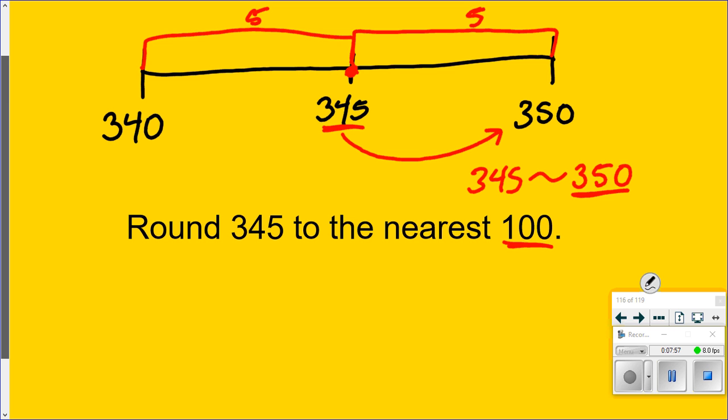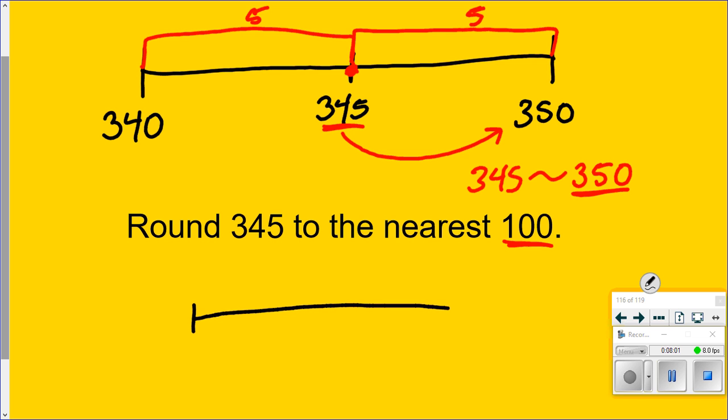Go ahead and draw your number line. Devin, do you know what our first number is going to be? It's going to be 300. Devin knows this because she can look at our number and just look at our hundreds place. And she knows I'm going to start at 300.